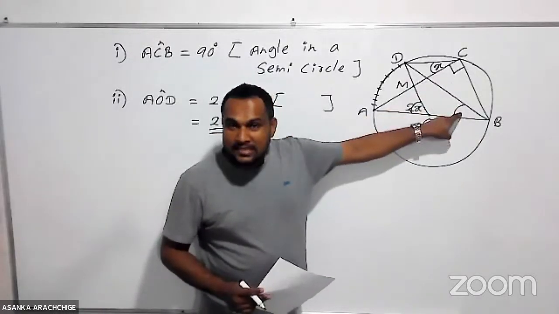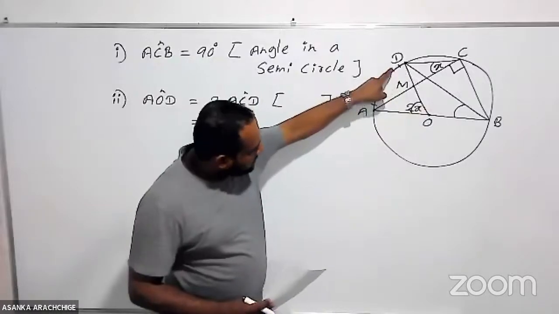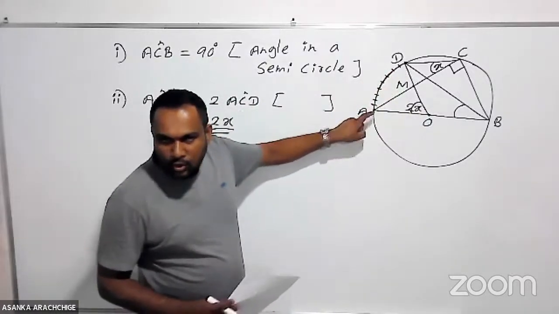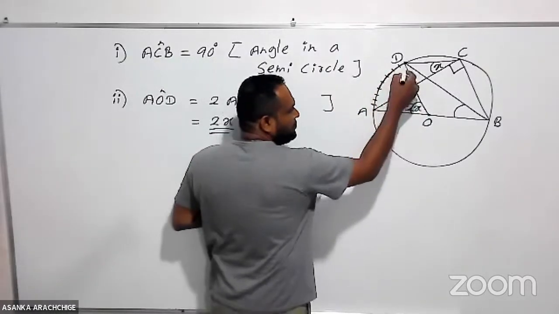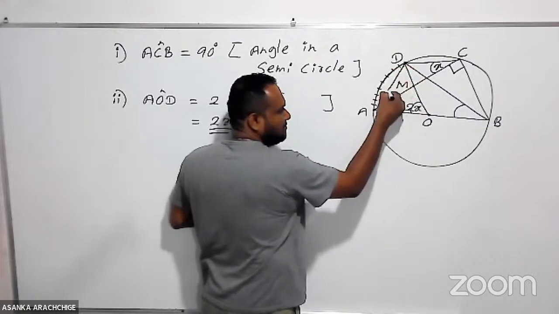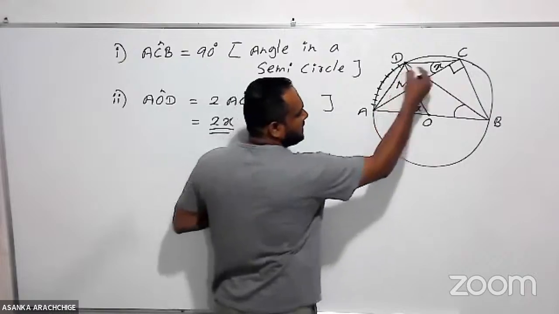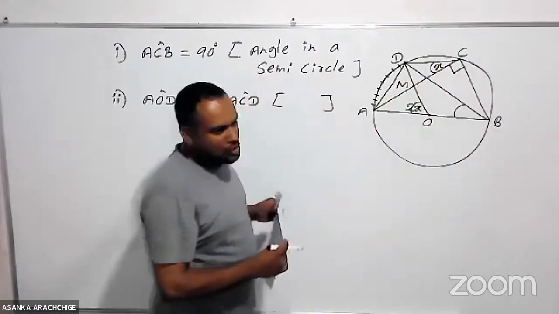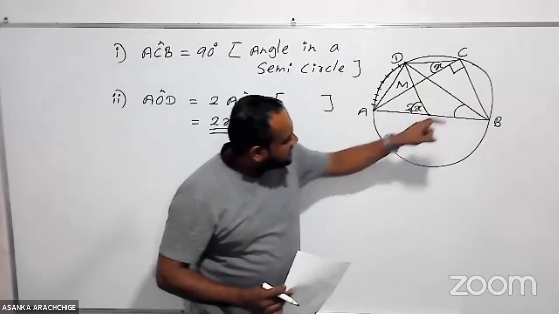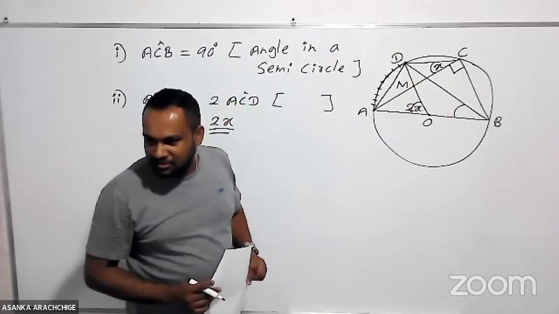Both angles are subtended by the same arc. Look, if we draw a line like this, this is the same segment, no? So angles in the same segment are equal.